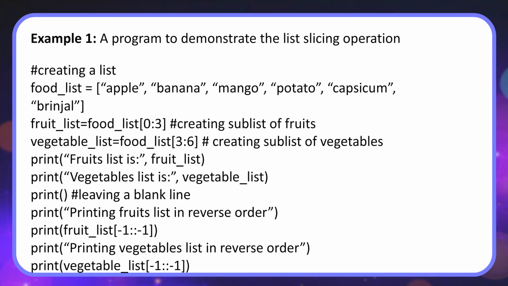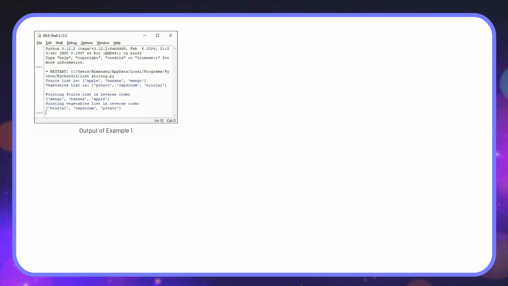Print fruits list is fruit_list. Print vegetables list is vegetable_list. Print a blank line. Printing fruits list in reverse order: print(fruit_list[::-1]). Output of Example 1.